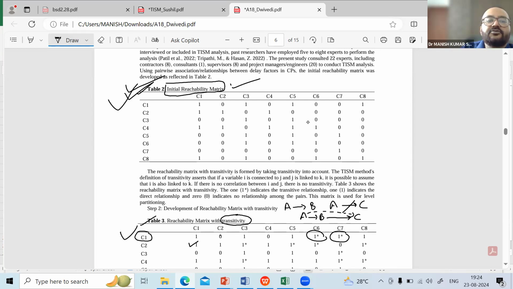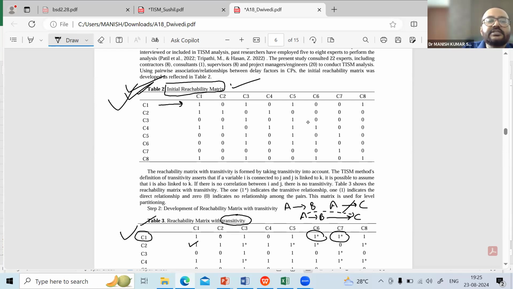We'll start with C1, looking at all the places where there is a 1. We'll start row-wise only, otherwise this will be confusing. I'm telling you, we'll start with either row or column, so we'll start with row 1. I'm just giving you one example so that you will understand.